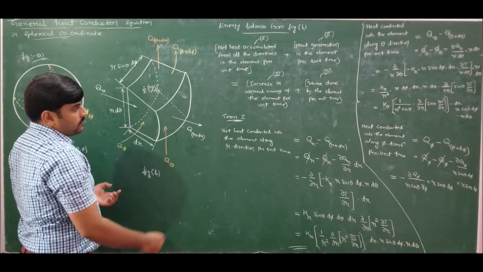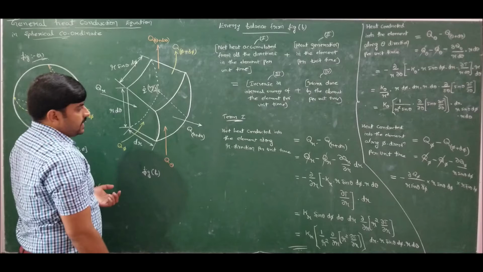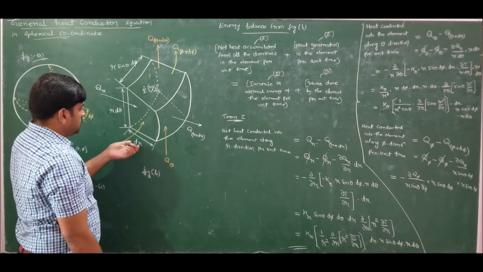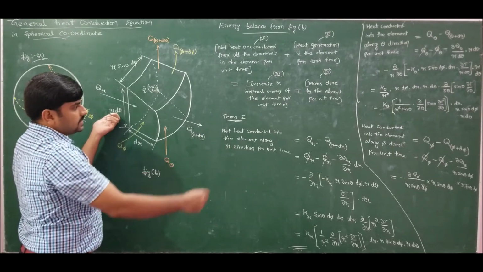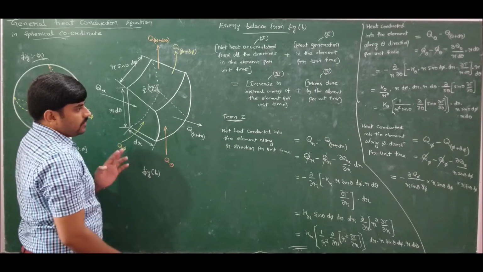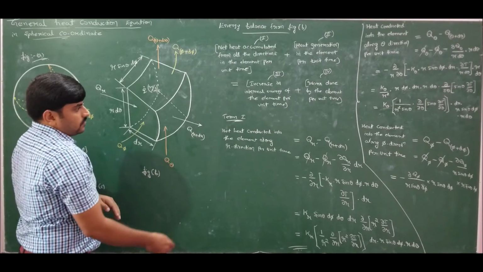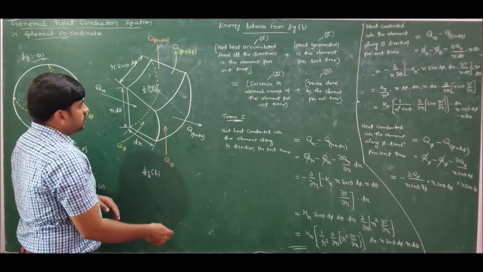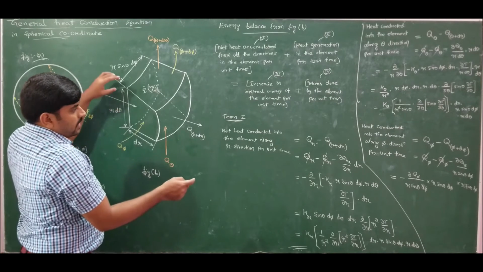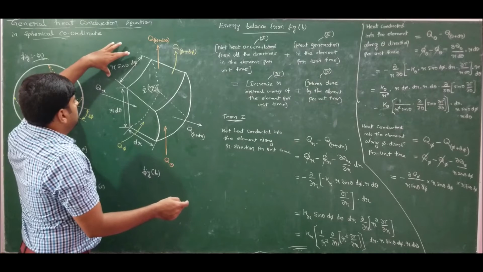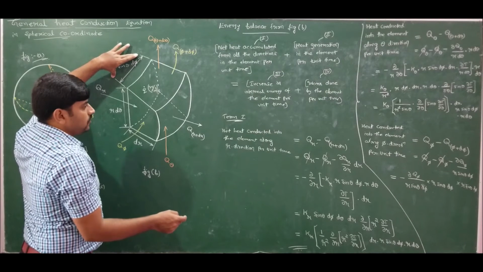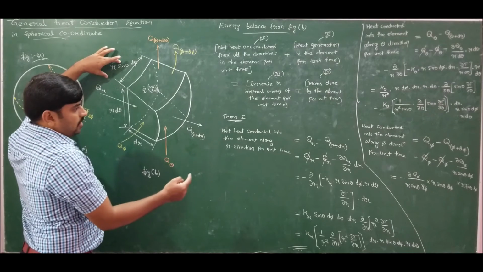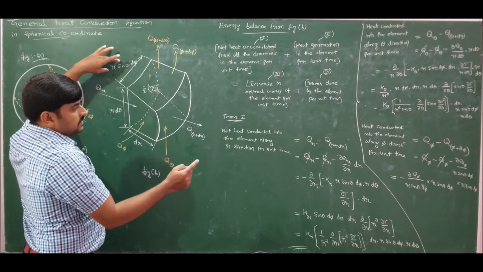The area perpendicular to the direction of heat flow is dr r d theta, so dr r d theta r sin theta d phi can be taken common throughout, which gives us the volume. We are differentiating over the length, so I should write dou T by r sin theta dou phi. Again I can take r sin theta common, so I will get r square sin theta.